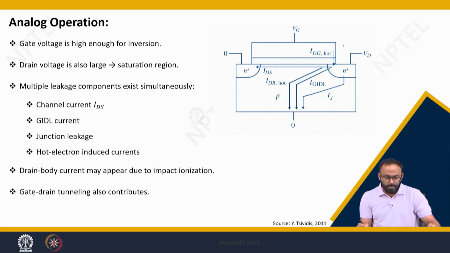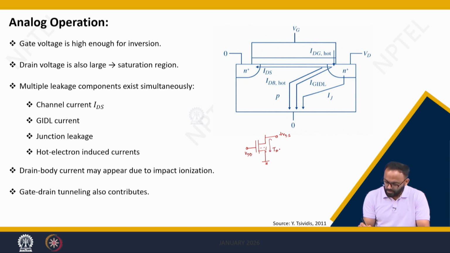Now, we will discuss analog operation. In general analog operation, you apply the positive voltage or higher voltage VDD at the gate and higher voltage at the drain, right, considering body and source are tied to ground. In that condition, you do have one IDS which is the major contributor of drain to source current, right.